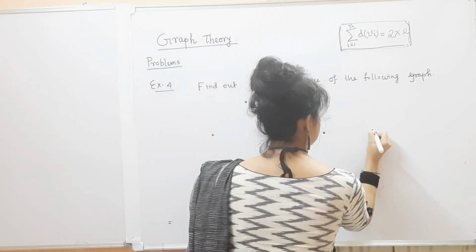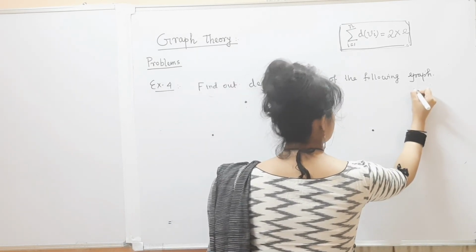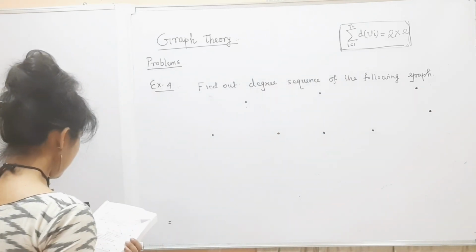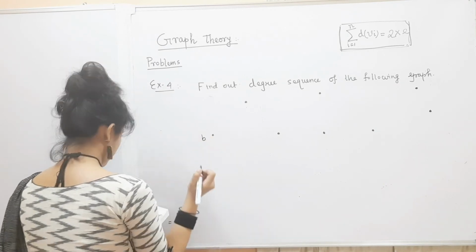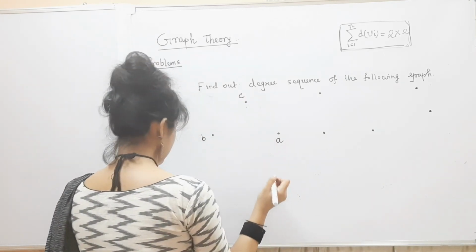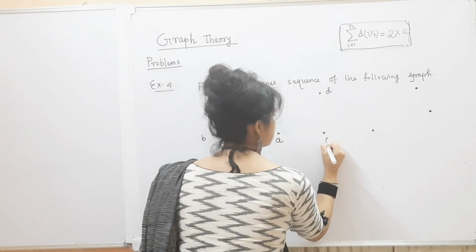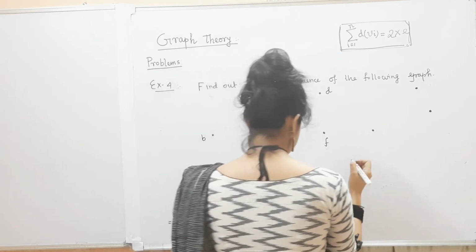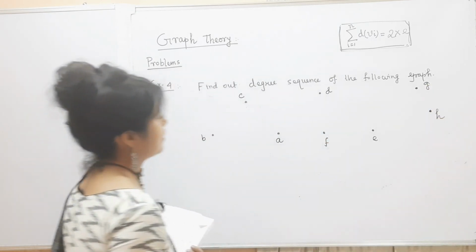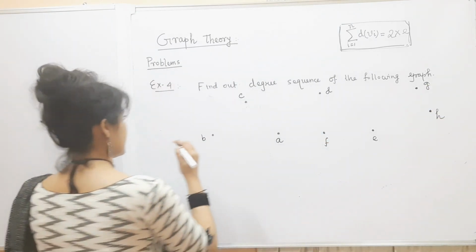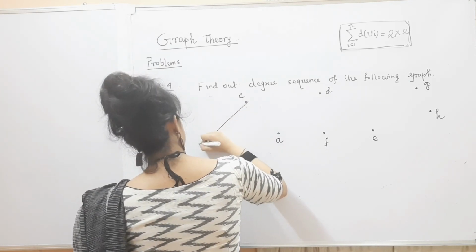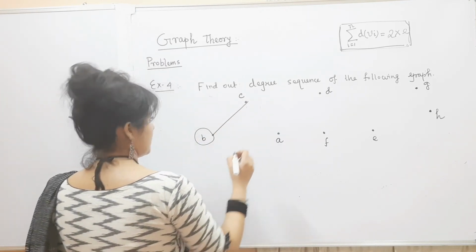First I am labeling the vertices. According to the question, this is B, this is C, this is A, this is D, this is F, this is E, this is G, this is H. Now I am drawing the edges, and there is a loop.